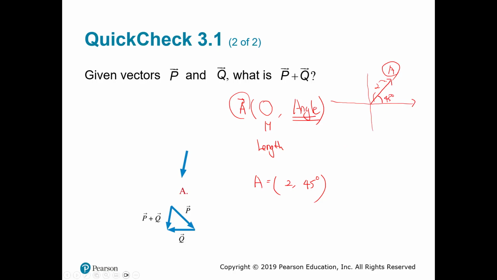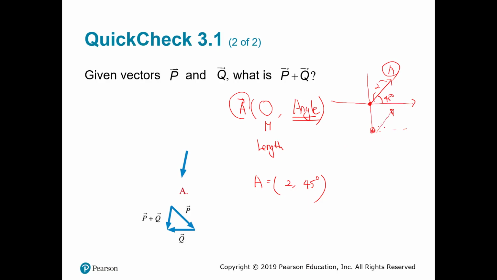The next question is, let's assume we have another vector, called b vector, right here at a different location. A vector has its tail at the origin and its tip here, but b vector has its tail here and its tip here. Of course, it's the same magnitude.